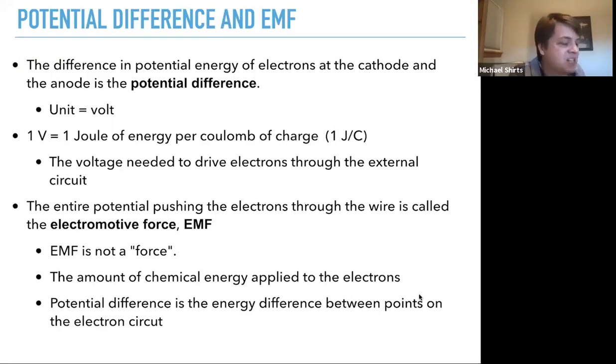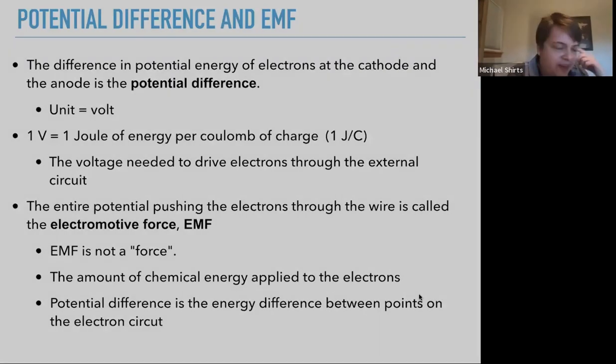The electromotive force is not the derivative of the potential difference. It's the total amount of energy available in the electric circuit due to the non-electrical energy, in this case coming from chemical energy. Okay, so that's the important point there to remember.